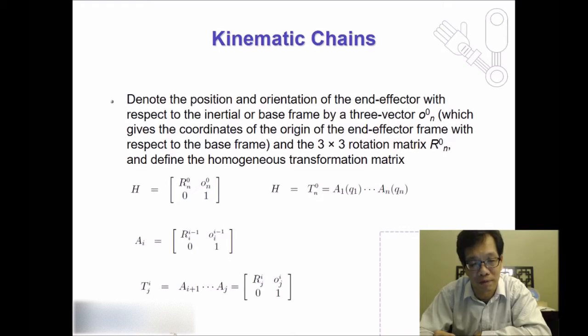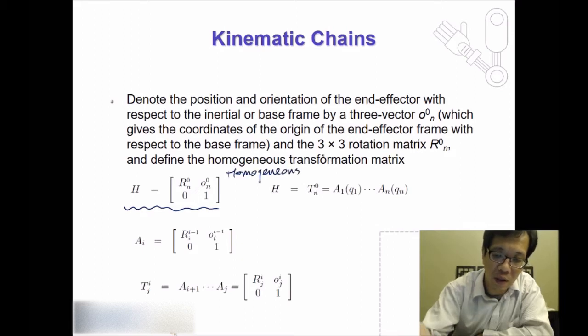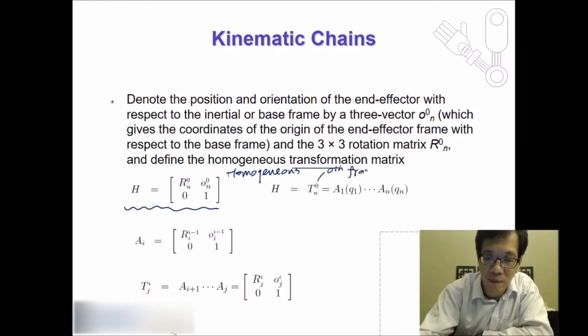When we are dealing with all the matrices, this is my homogeneous transformation matrix, and this is from the 0th frame to the nth frame. And this is my targeted frame.